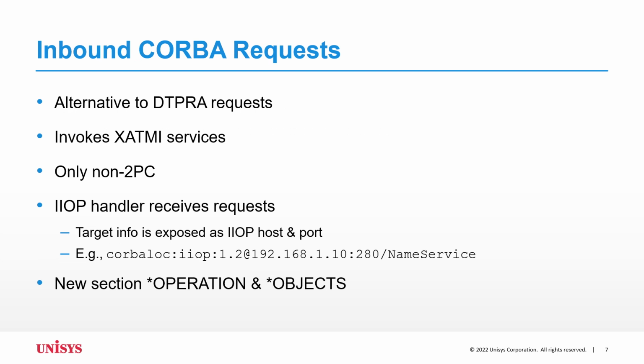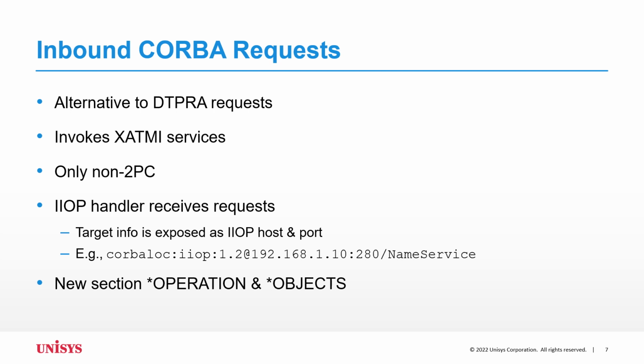You can gain access to open distributed transaction processing services by using the DTP array resource adapter in the Java environment. Corba Object Requests provide an alternative way to use the DTP array to get to OpenDTP. Corba requests do not support two-phase commit.